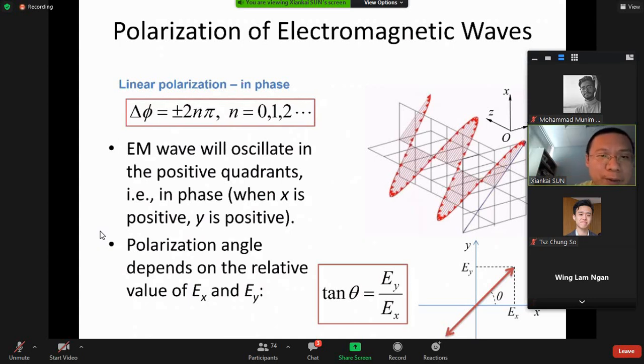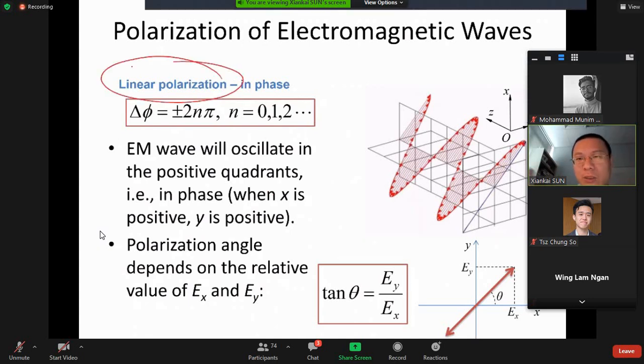So for linear polarization, we have the two components, the Ex and Ey, moving in phase. So in this case, delta phi is equal to plus or minus 2m times pi, m being an integer. And the polarization angle depends on the relative value of Ex and Ey. All right, so here is a right triangle, right?